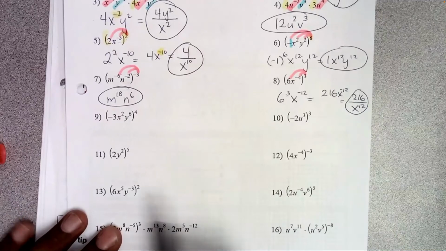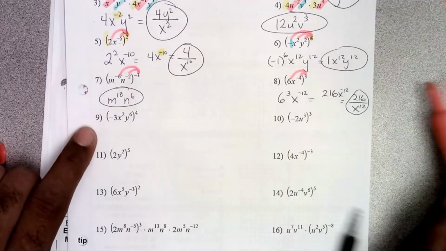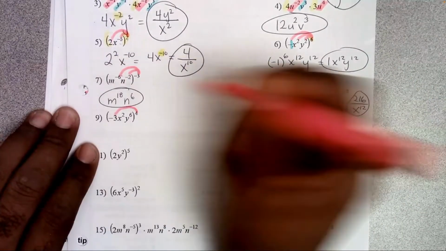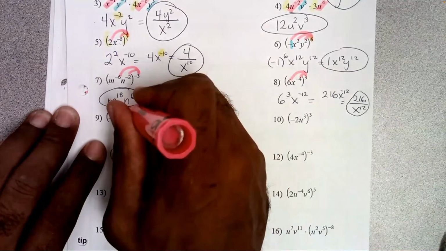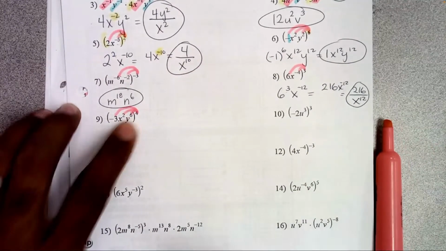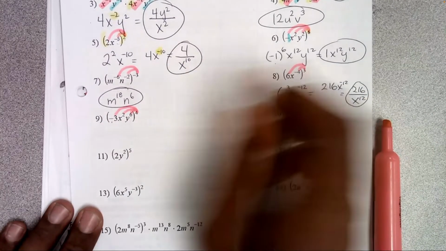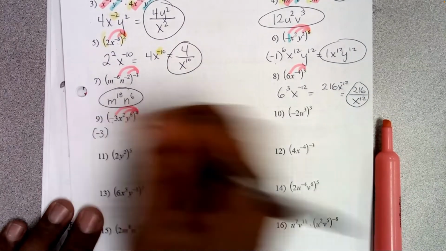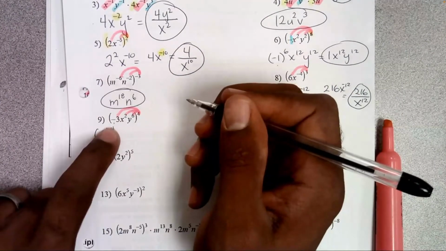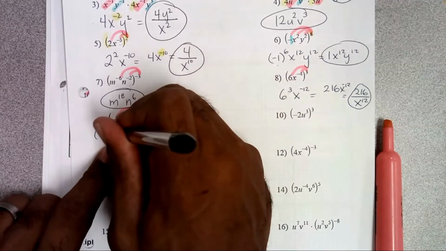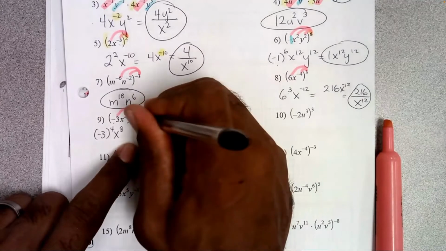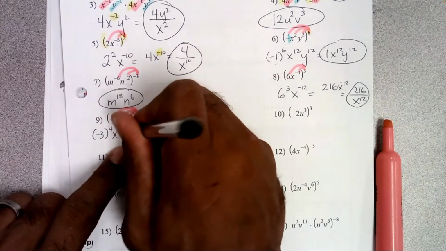Okay, all right, so now this next one, we've got 4 to the negative 3, 4 to the 2, and 4 to the 6. We're going to remember to multiply it out. Remember, if it's a negative number, just like this one, we want to put it in parentheses. So negative 3 to the 4th power, 4 times 2, x to the 8, 4 times 6, y to the 24.